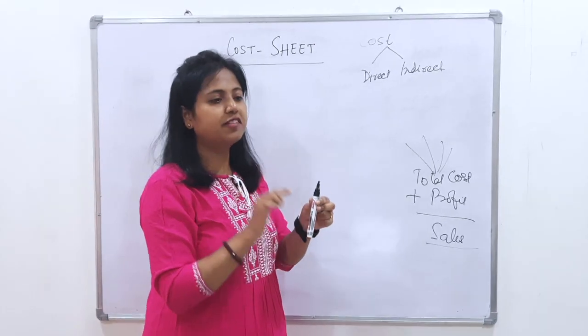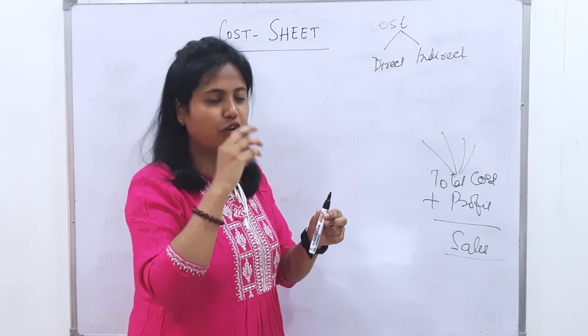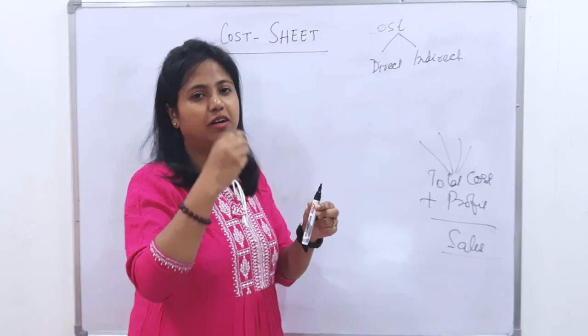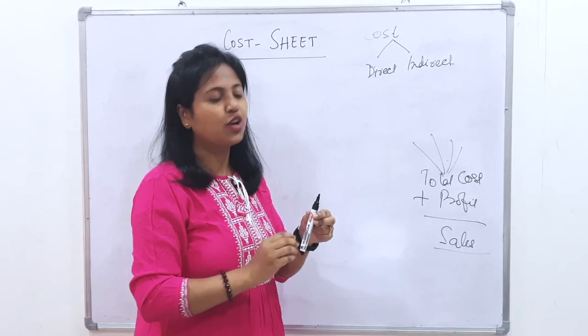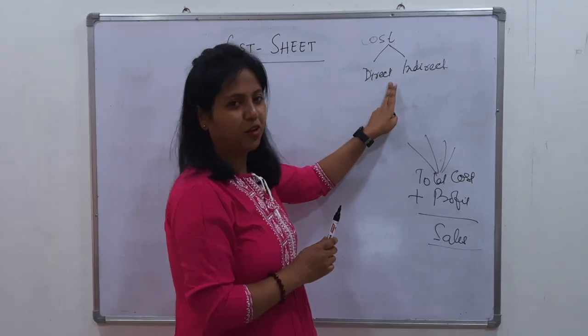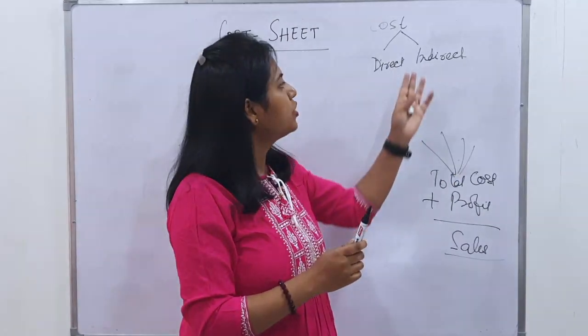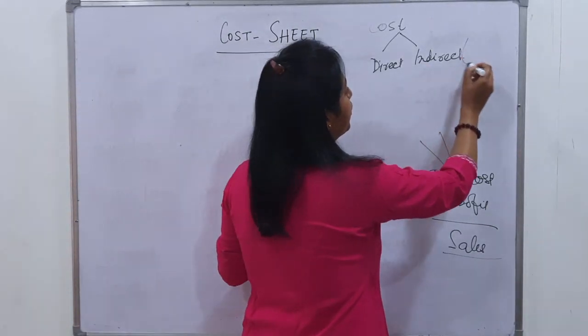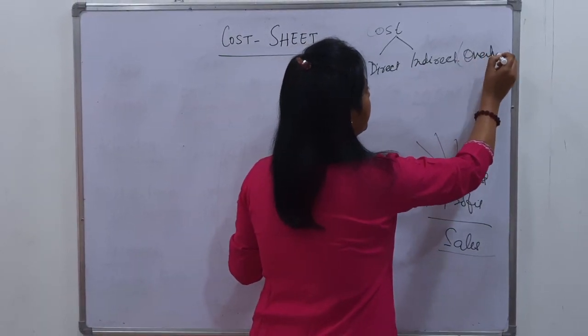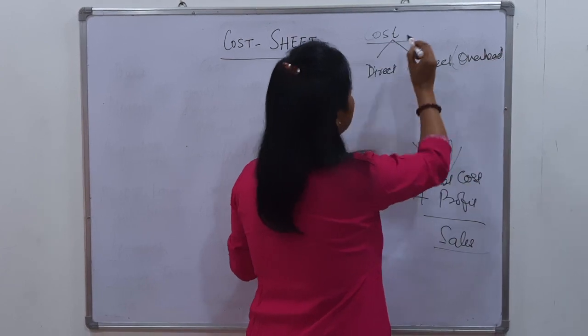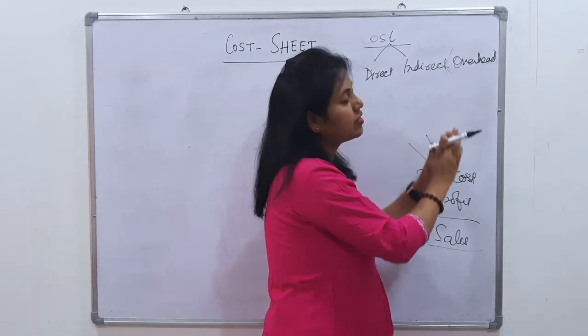For example, for this pen, how many kgs of plastic was used, how many milliliters of ink was used. This is your direct cost, but there are some indirect costs which you cannot directly relate to a product. That is indirect cost, or we call it overhead. So a cost sheet will show the direct cost as well as the overhead.